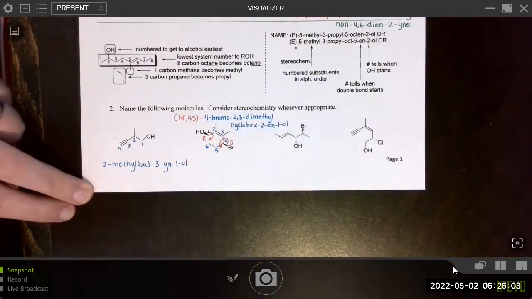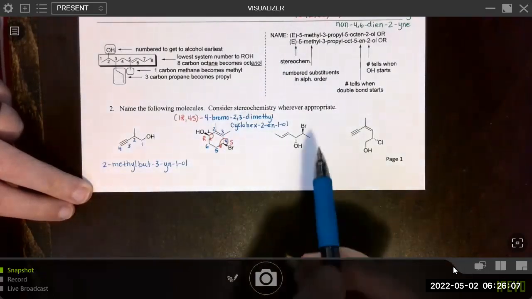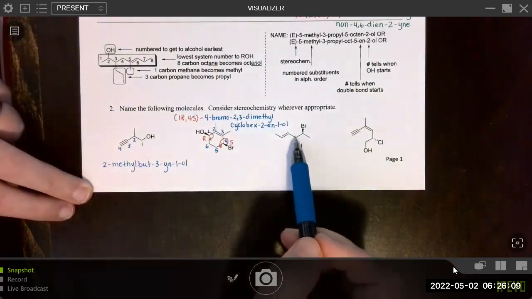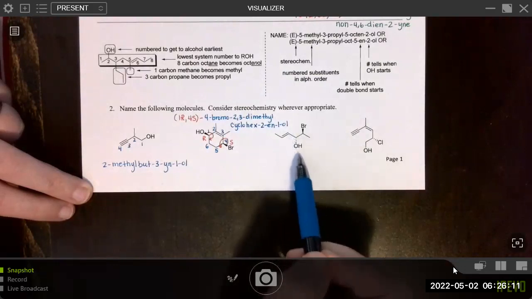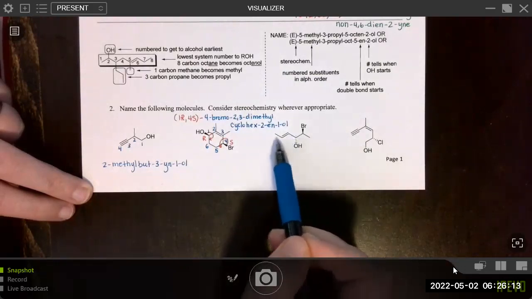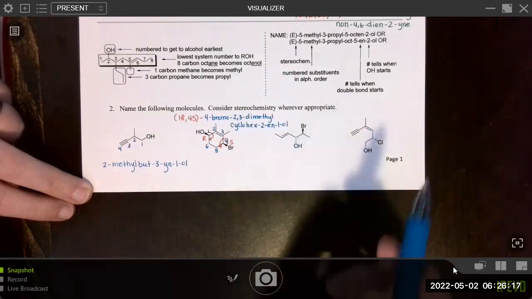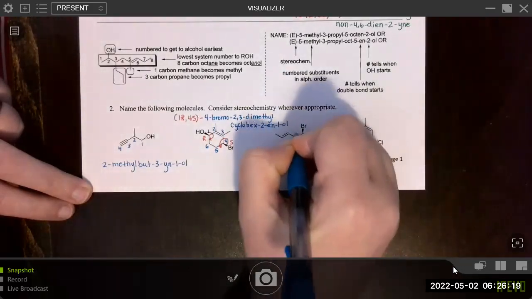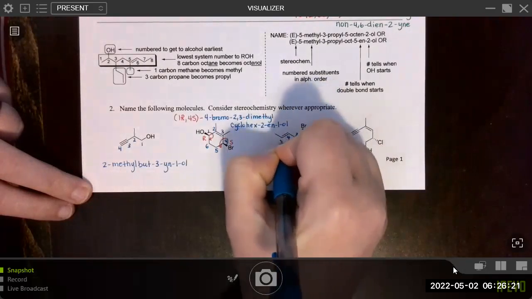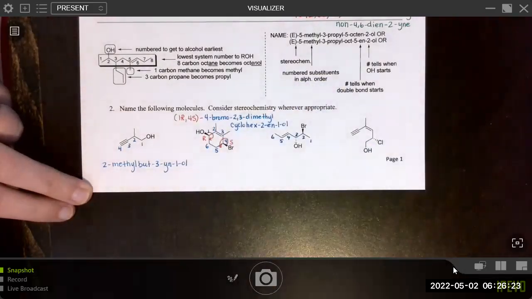All right, let's look at the next one. In terms of numbering, we want the lowest number possible for the priority group, which is the alcohol. So if we do 1, 2, 3, 4, that's not as low as 1, 2, 3. 1, 2, 3, 4, 5, 6. Look at chirality.